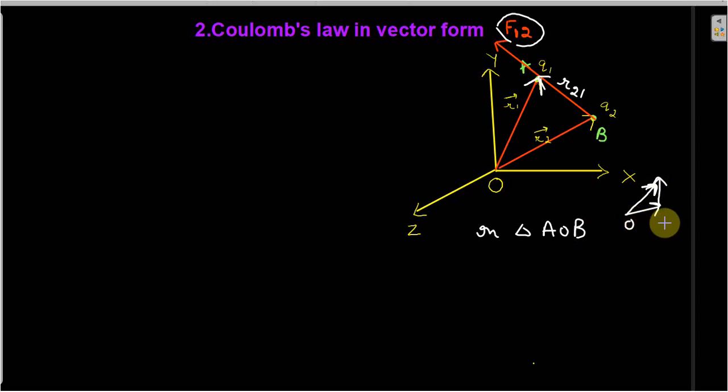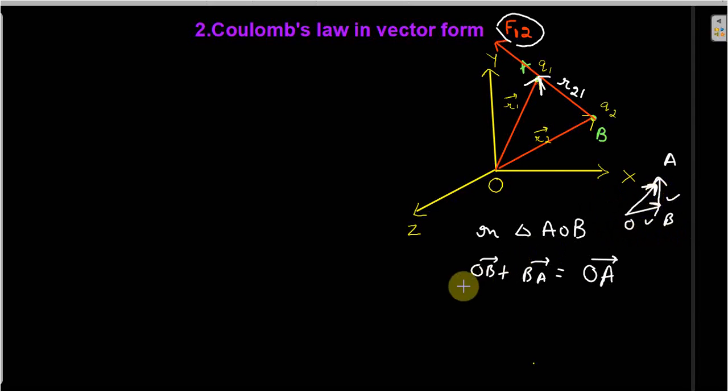So you can write OB vector plus BA vector is equal to the third side. According to the triangle law, the sum of the two vectors which are in the same cyclic order is equal to the third vector of the triangle which is in the opposite order.